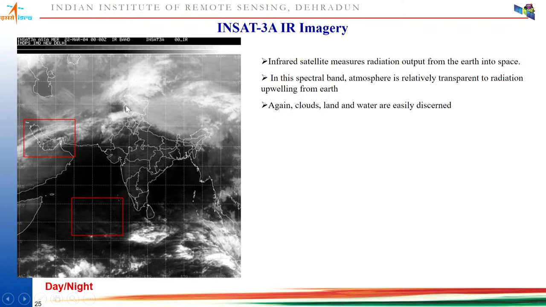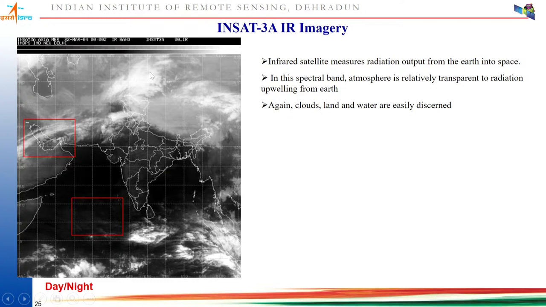In other words, if we convert the emission to temperature, we can say that at the satellite level we measure the temperature of various constituents in the atmosphere as well as on the land.